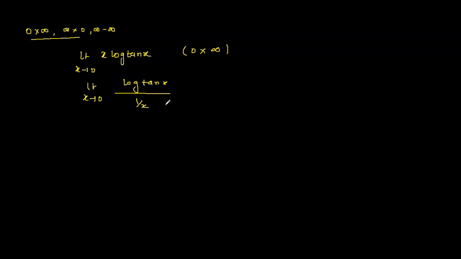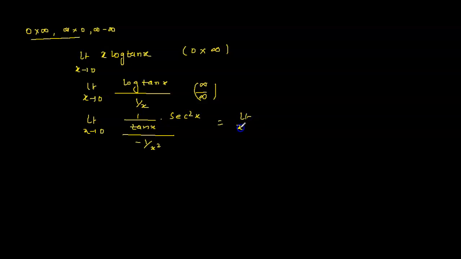Getting here? If you substitute the values, this is infinity already, and 1 by 0 is also infinity. So now I can apply the L'Hospital rule. So 1 by tan of x, and the derivative of tan is secant square of x. The derivative of 1 by x is minus 1 by x square. Any doubt in this?